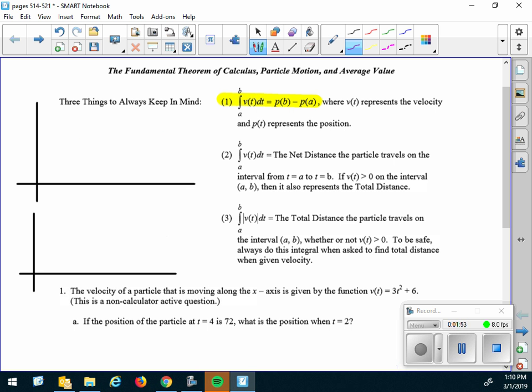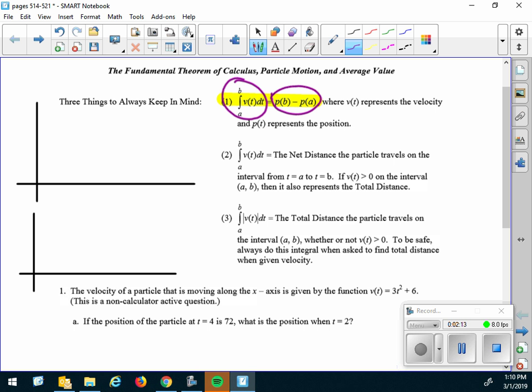The integral from a to b of v of t dt is p of b minus p of a. You know that this is just the change in position, right? Where v of t represents velocity, p of t represents position.